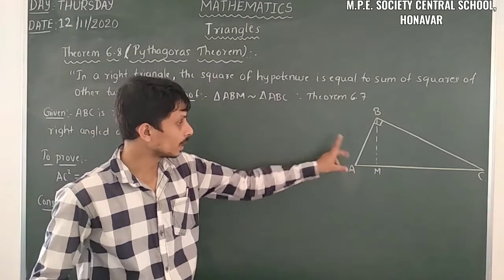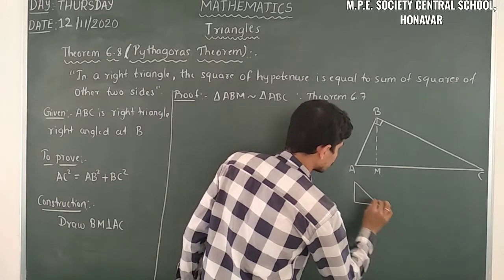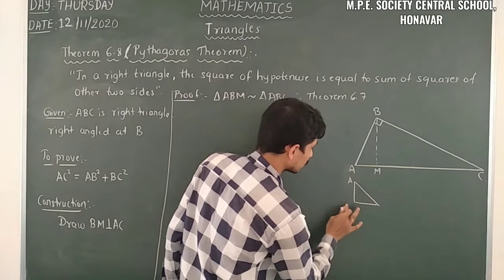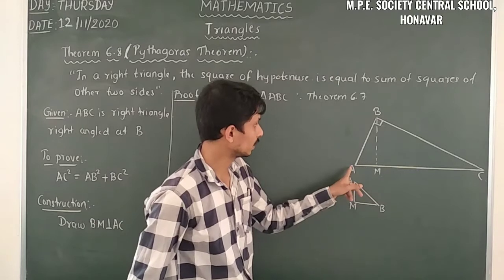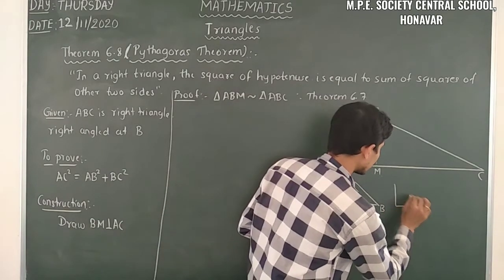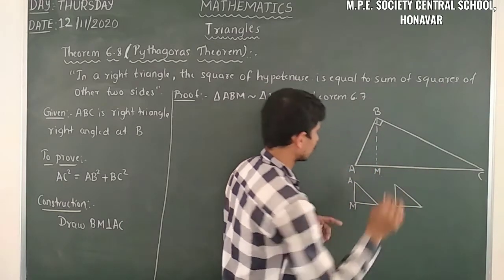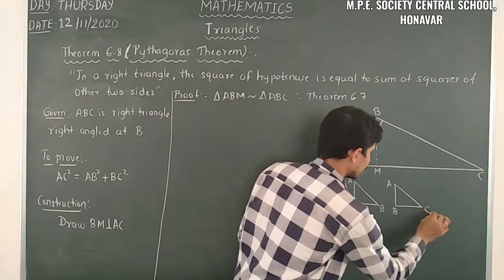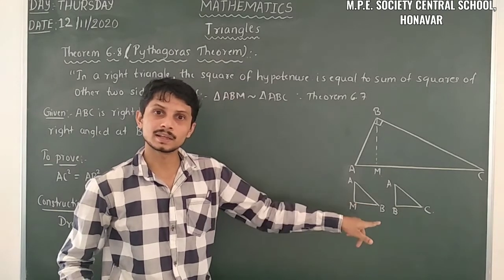So here I will take ABM like this, with right angle at M. Then let us take the other right angle triangle here, with B here, and A is common for both, so we take A here, and here it is C.